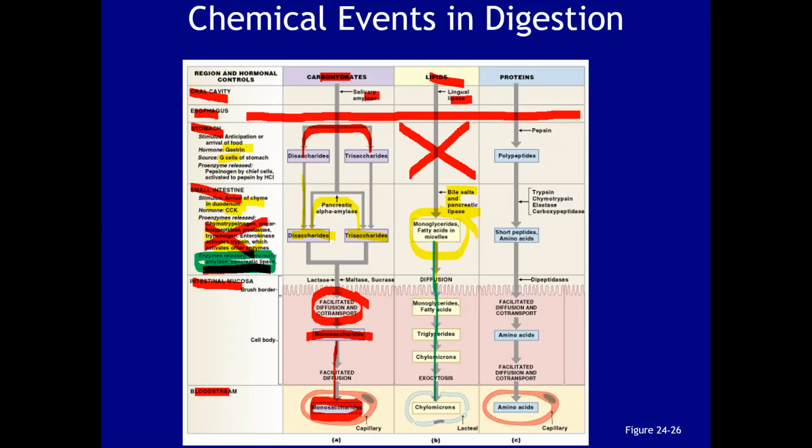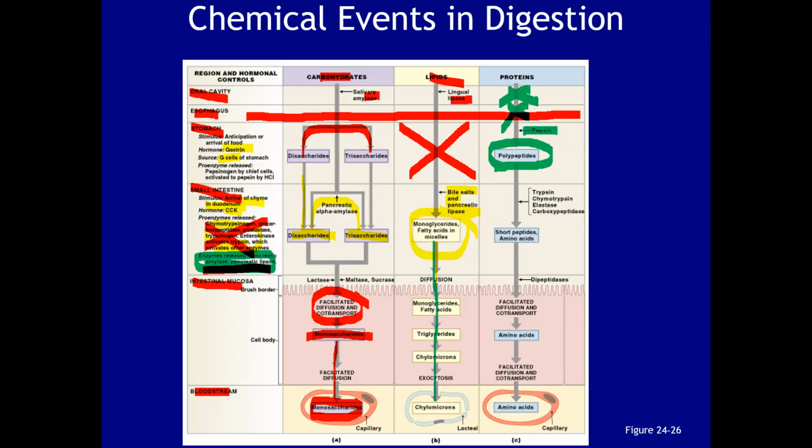And proteins are pretty simple. Nothing happens in the mouth. Nothing happens in the esophagus. Polypeptides are going to be formed because pepsin has been produced.